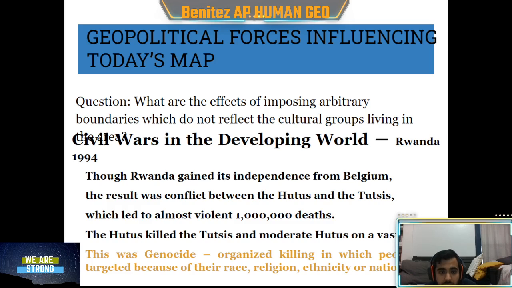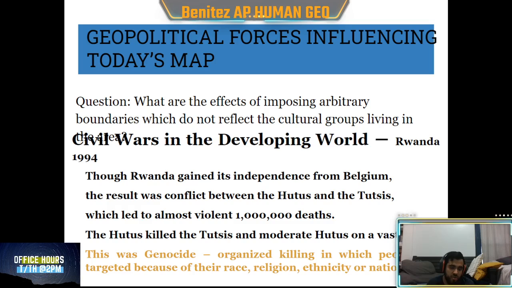In this case, the Hutus disliked the Tutsis because the Tutsis and the people from Belgium had close connections. They helped each other out, and they always disregarded the Hutus. The Hutus had beef. The Hutus did not like the history between the Tutsis, so they took advantage.